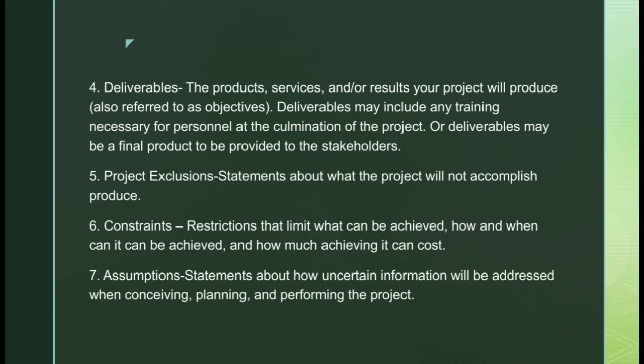So number 5, project exclusions, states what the project will not accomplish or produce. So when we talk about project exclusions, this states the results the project won't produce.